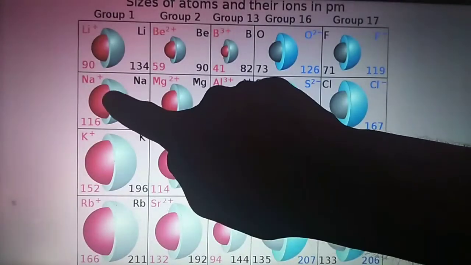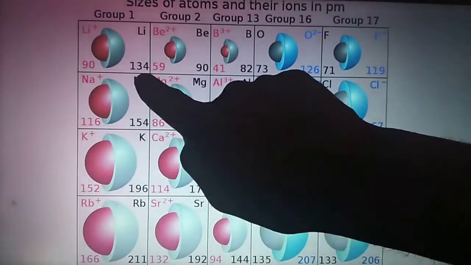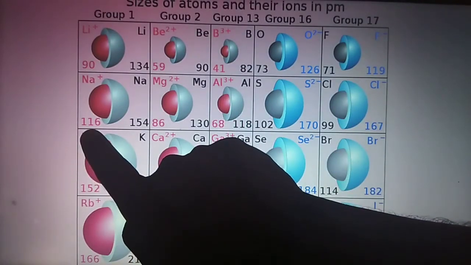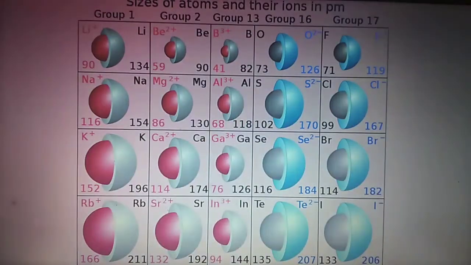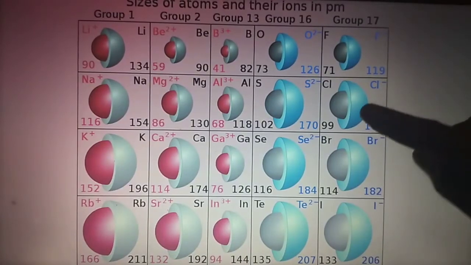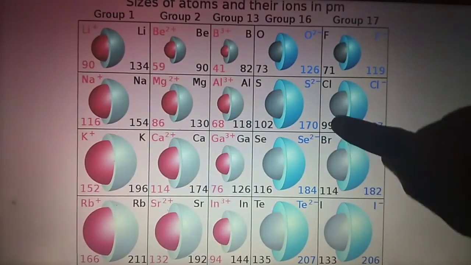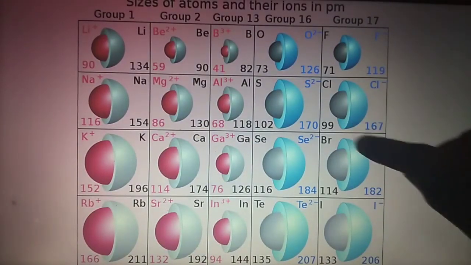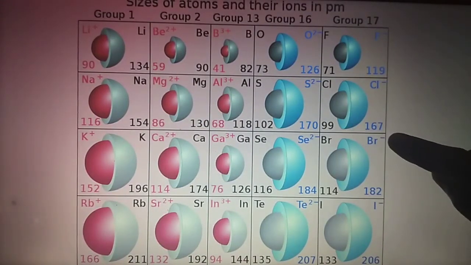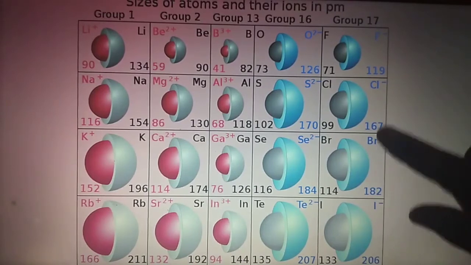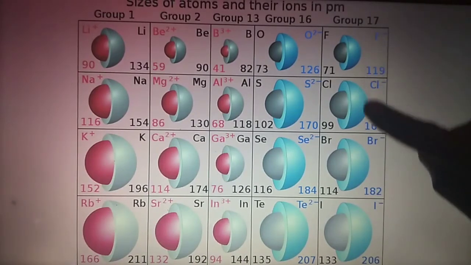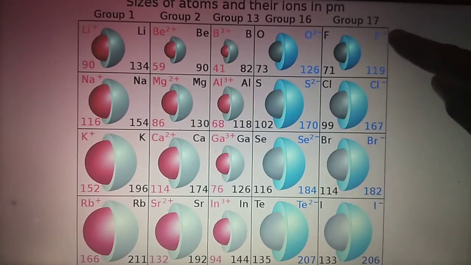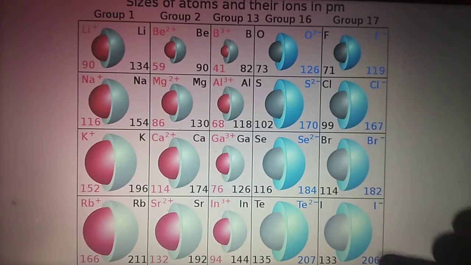Here is sodium with size 154 when it is an atom, and when it becomes a cation it is 116. Similarly for anions, for example chloride, when it was an atom it was 99, and as it becomes an ion the size increases to 167. And the second thing we observe is that down the group the size increases, whether it is an atom or an ion.